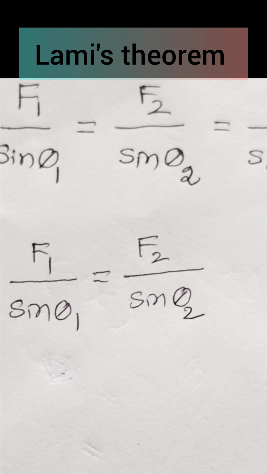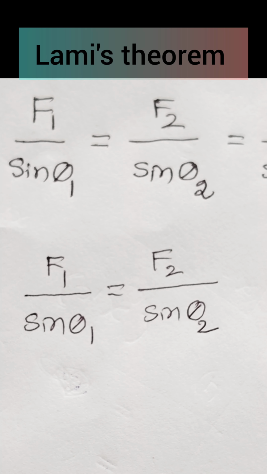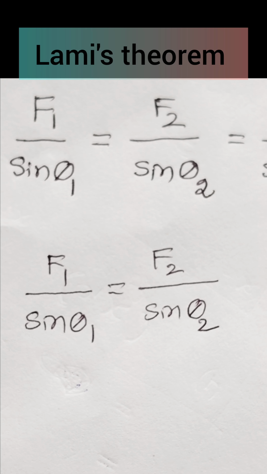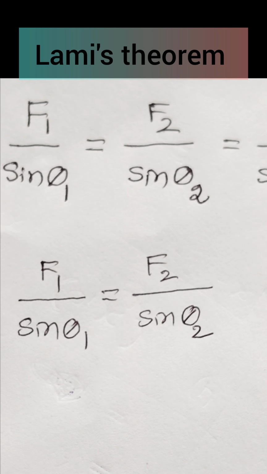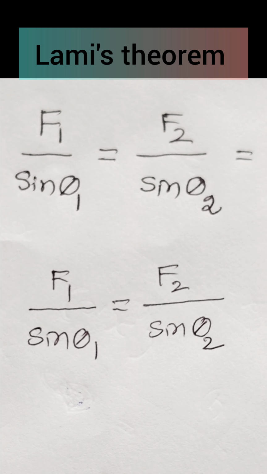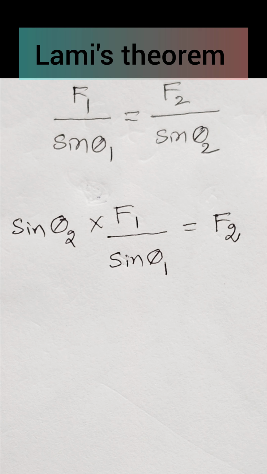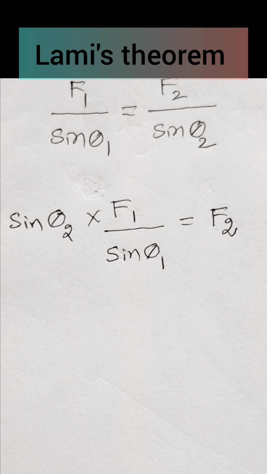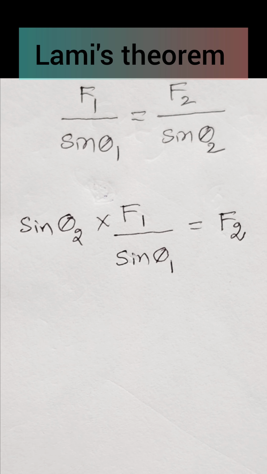In this given equation, F2 is divided by sine theta 2. Sine theta 2 is dividing F2. When you take sine theta 2 to the left side of the equation, it multiplies F1. Finally, we can write F2 equal to F1 into sine theta 2 by sine theta 1.